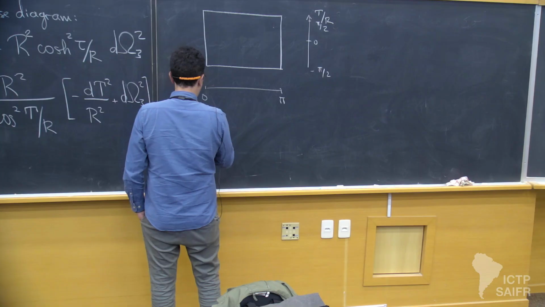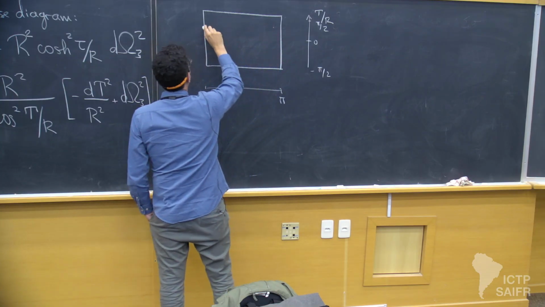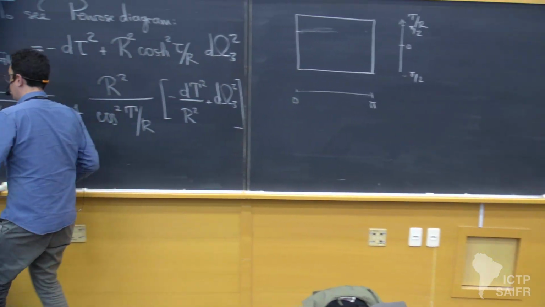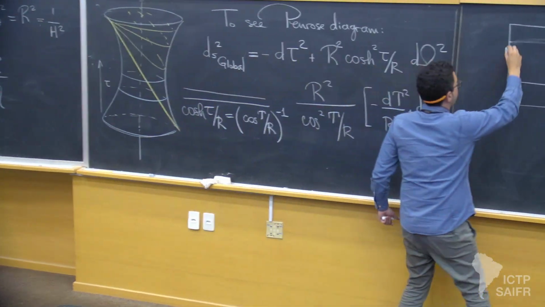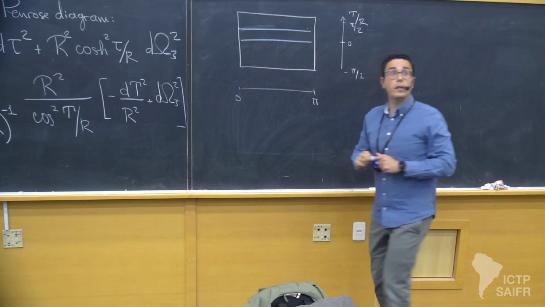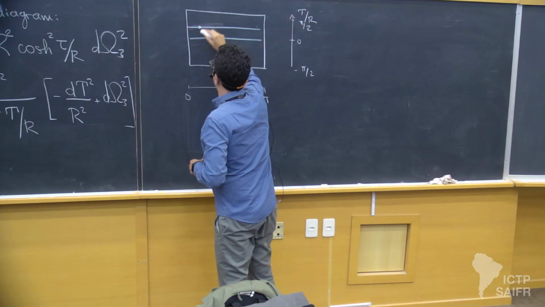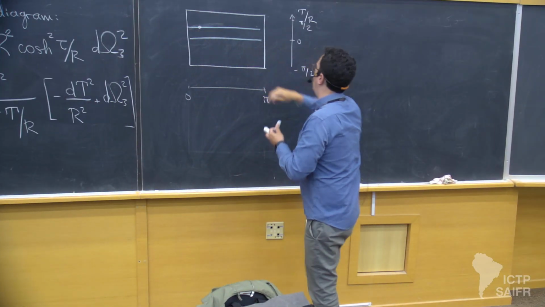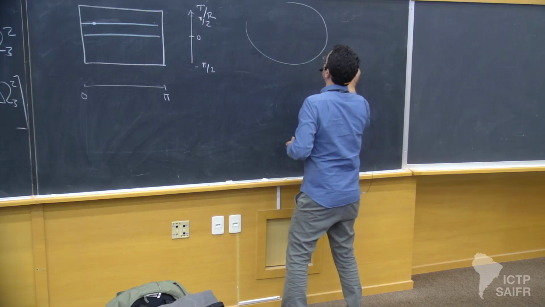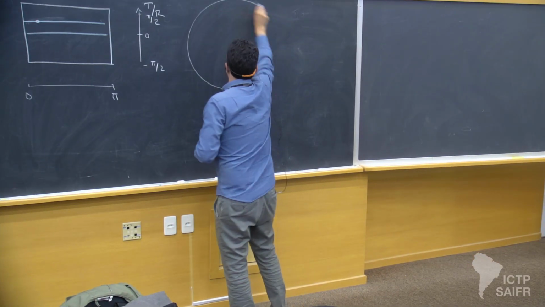So the Penrose diagram looks like a square. Let me be color consistent. So the spheres here are like this. So this is a 3-sphere. Every point here is a 2-sphere. Sorry, I used to be much better at this.